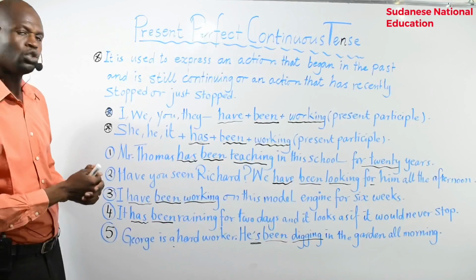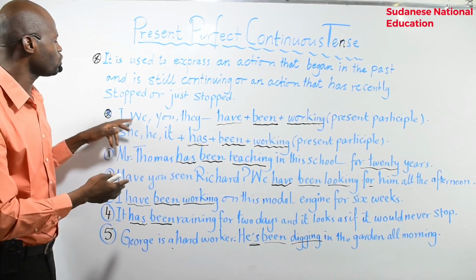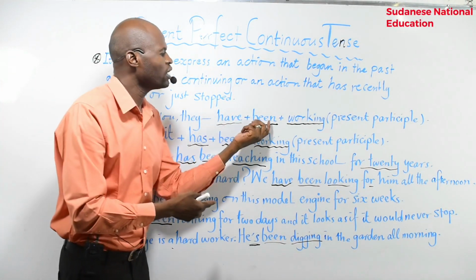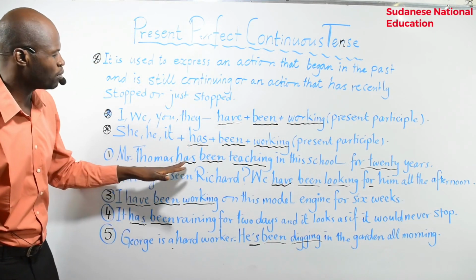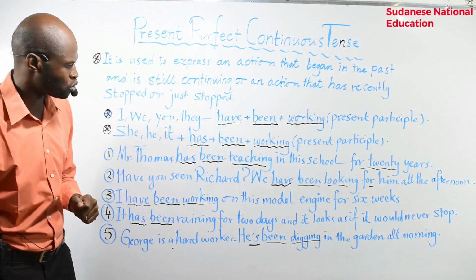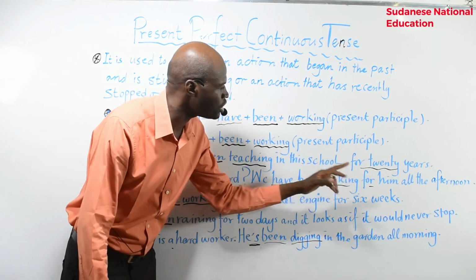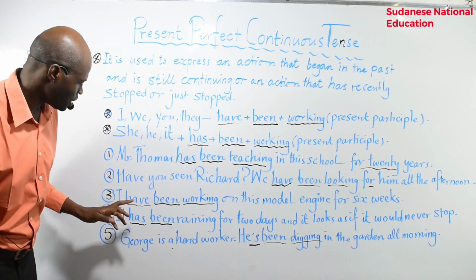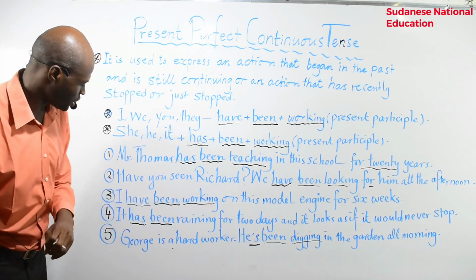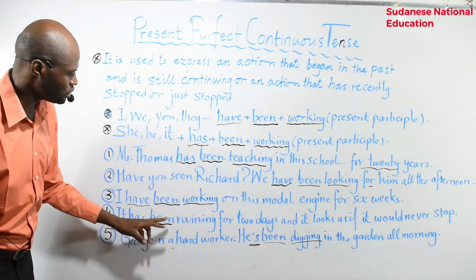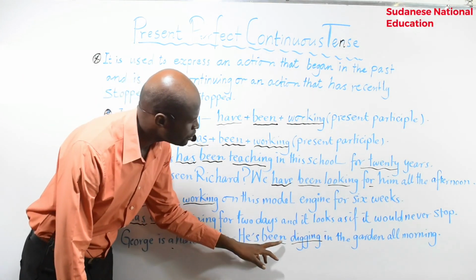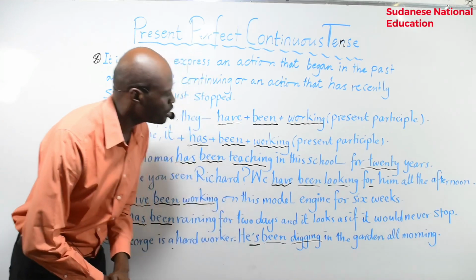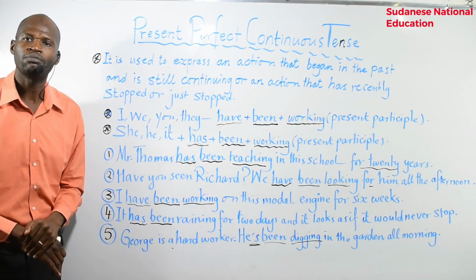We form I, we, you, and they with have, and then been plus present participle. So here we have Thomas has been teaching, and also here have been looking for him, and here I have been working, and also it has been raining. And the last one here, he's been digging in the garden all morning.